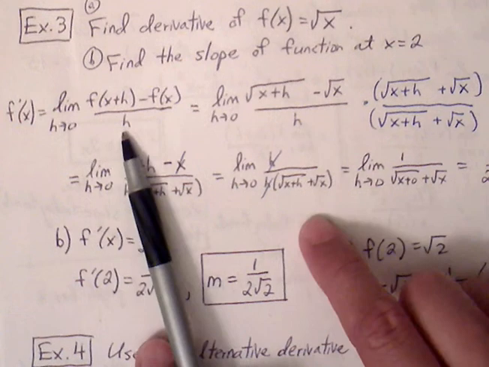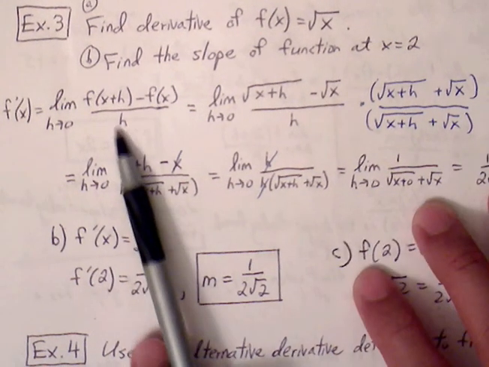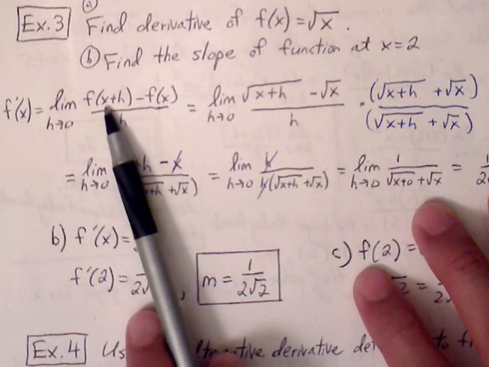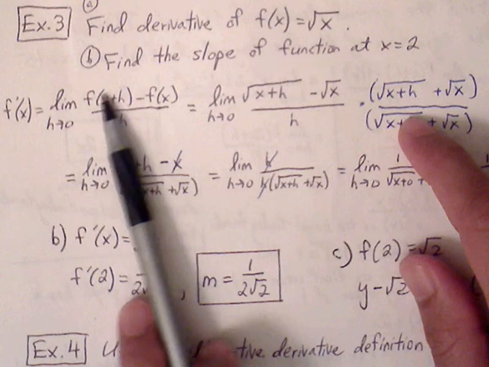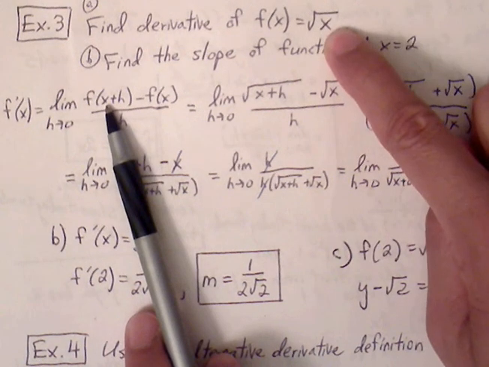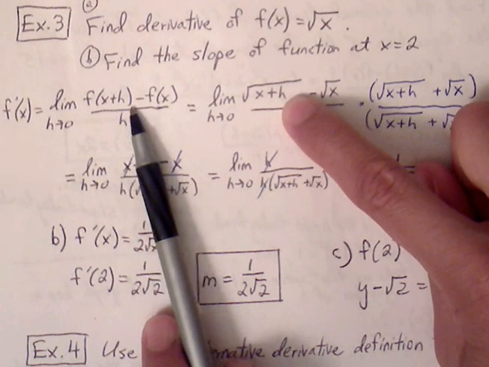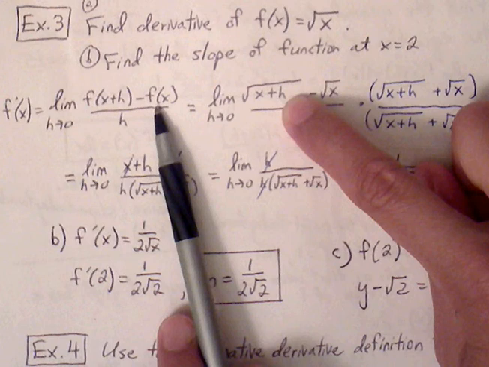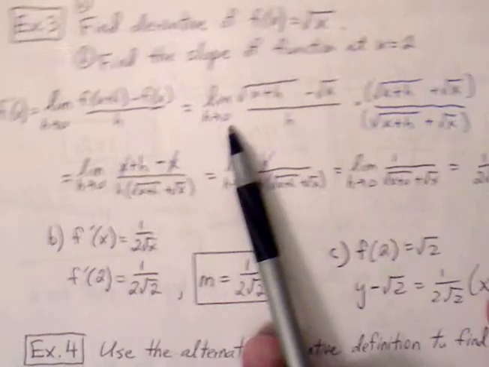So here's our general limit definition. We're going to evaluate the f of x plus h. What this means is we're going to plug this entire argument in for the x that we see in the function. So root of x plus h minus f of x, the original function, which is root x, all over h.